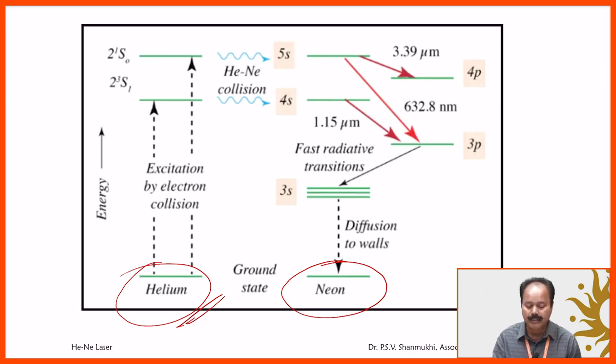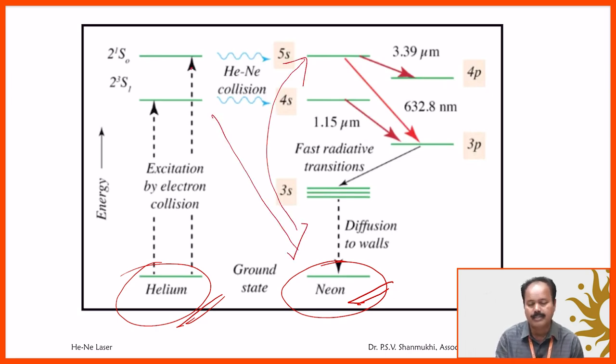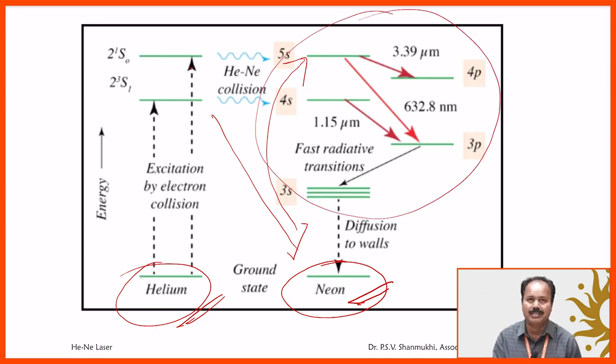Otherwise, directly sending the neon ions to the excited state is not possible. Later, these helium ions will collide with neon ions, so that the neon ions will go to the higher energy states. All these energy states are metastable states.